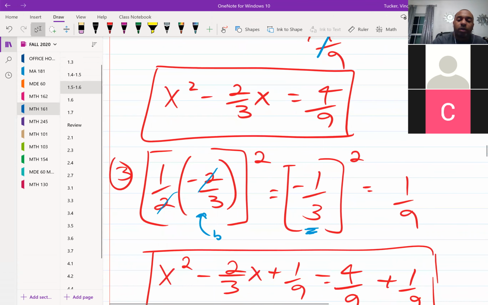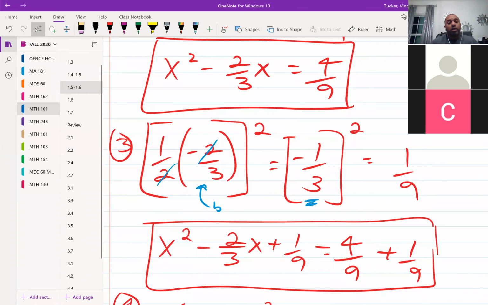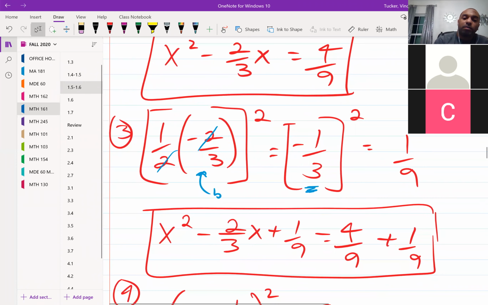All right, then we add the 1/9 to both sides. So it's x squared minus 2/3 x plus 1/9 equal to 4/9 plus 1/9. Any questions?